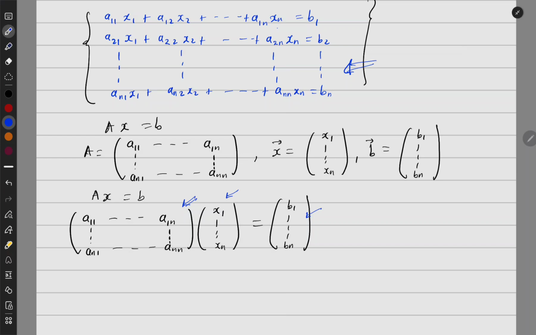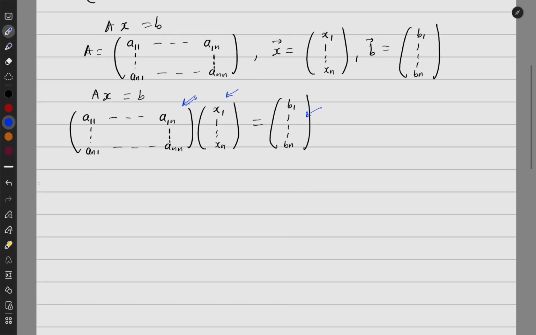Some of the observations are that we focus on square matrices when solving these linear systems. There are several methods of solving these systems, however, I'm basically interested in the iterative methods.